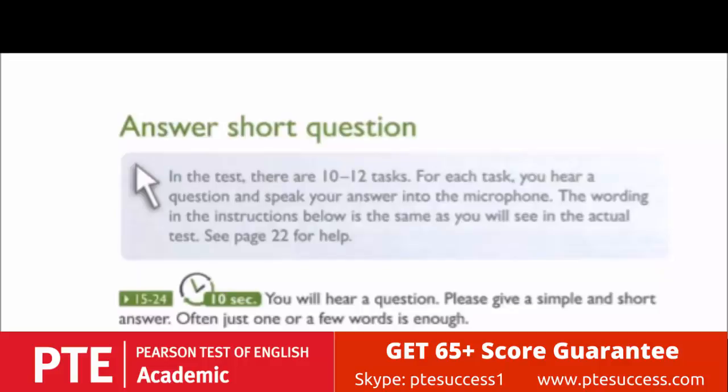Four. What desk should you go to when you first arrive to stay at a hotel? Five. What is the job title of someone who designs buildings?